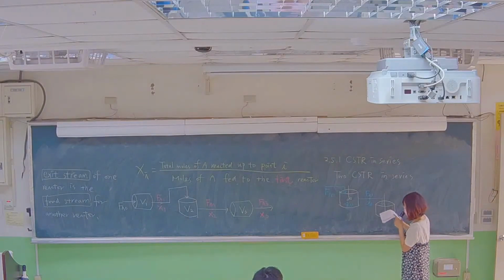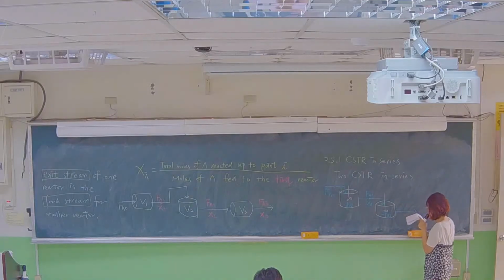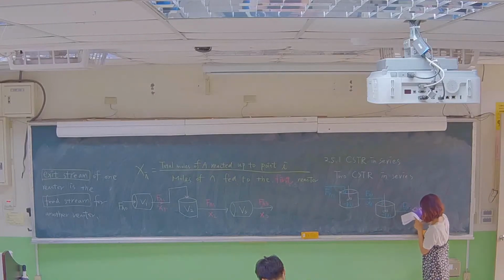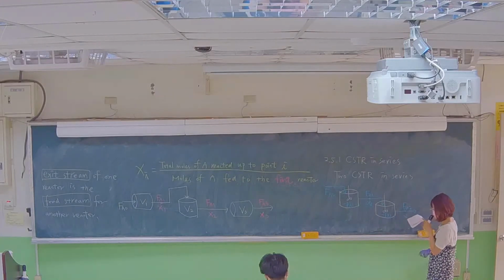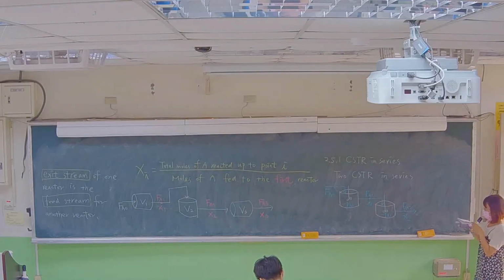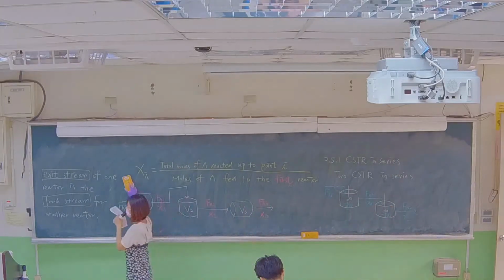The reaction rate is minus RA2. So out of the second reactor, you get FA2 and X2. Okay. This is the simplest case, two CSTRs in series.